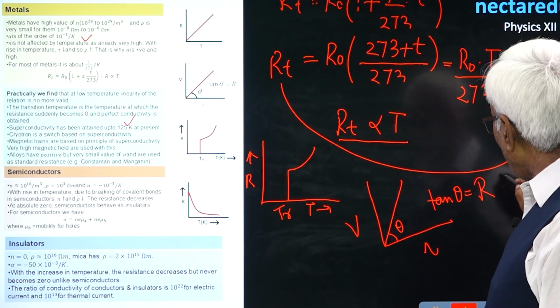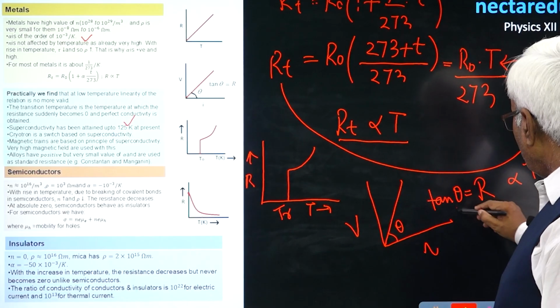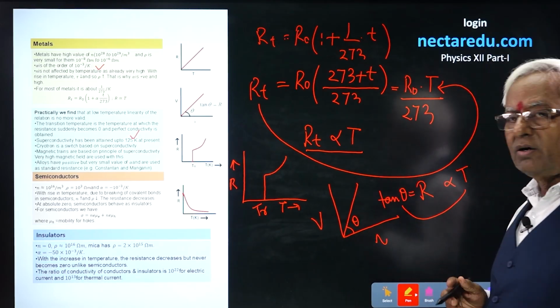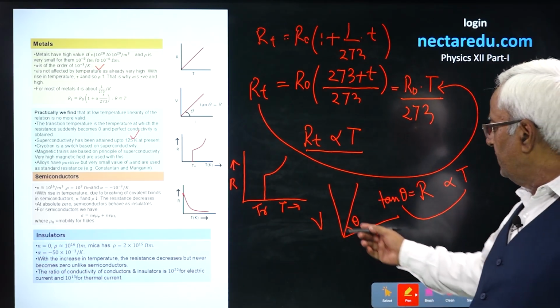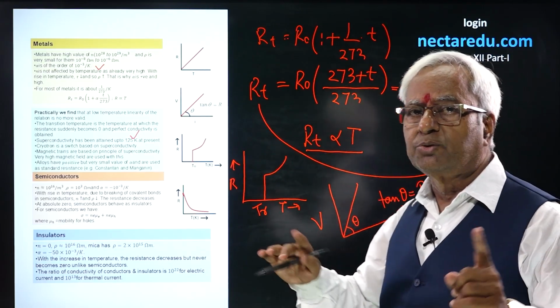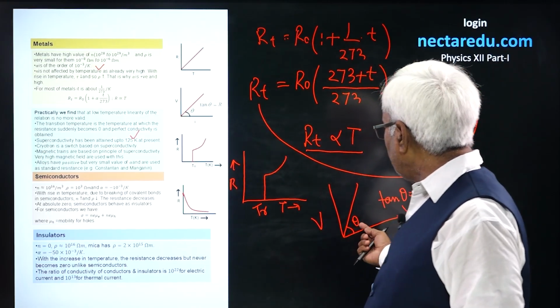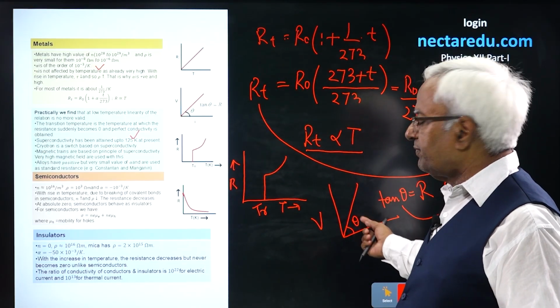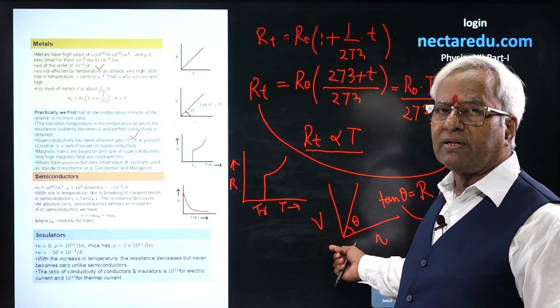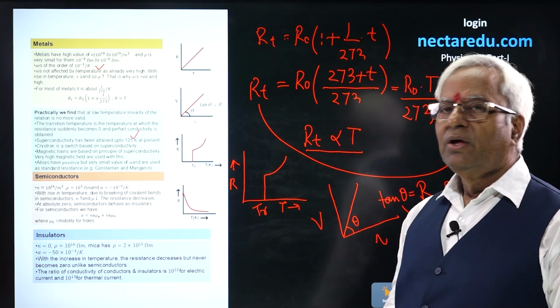That means this slope will also give you an idea of the temperature. If you have two graphs, and for one particular graph the slope is greater, it will show that the temperature concerned is greater.